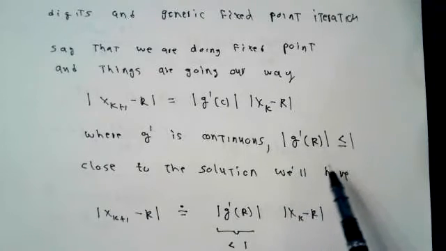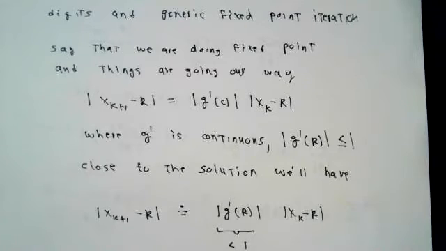If we have absolute value of g prime of r less than 1, I should have my technical point here, but I'm just being loose in my language, less than or equal to 1, then close to the solution, this error formula that we have has this coefficient out front less than 1, and that's going to let me figure something out.